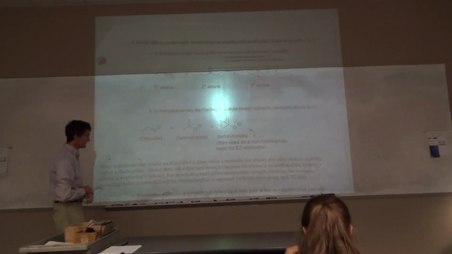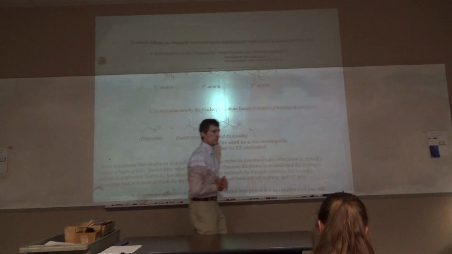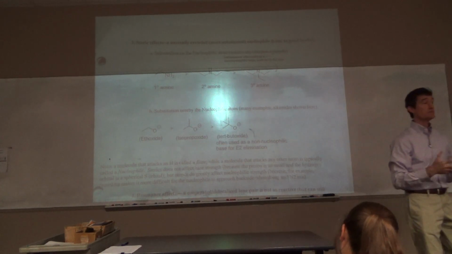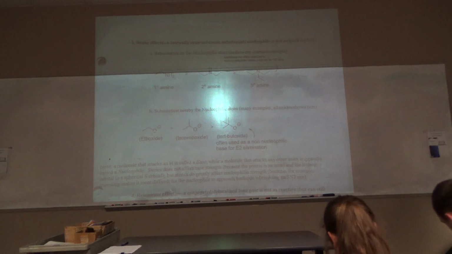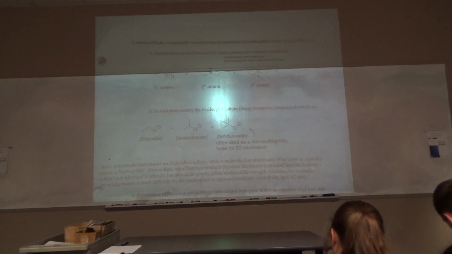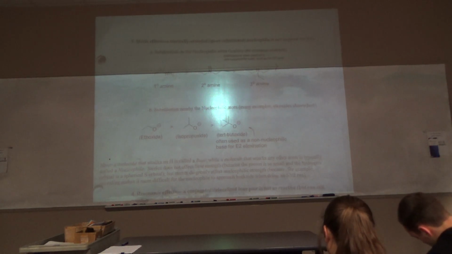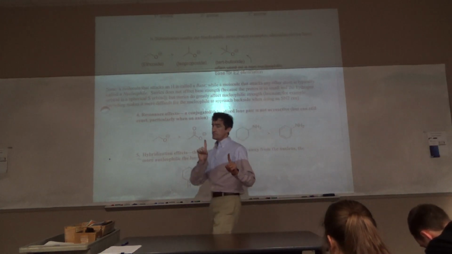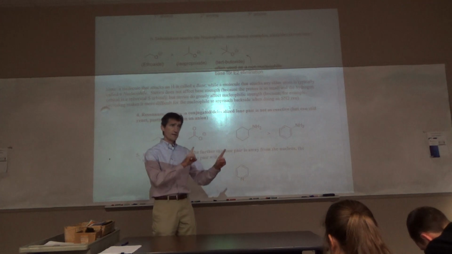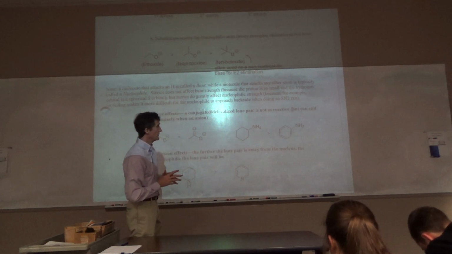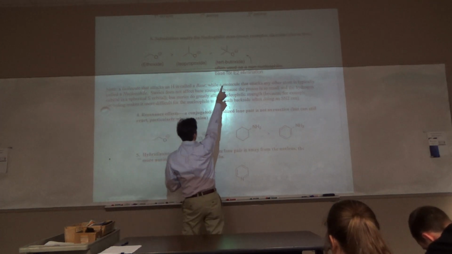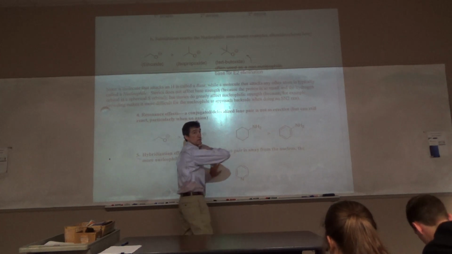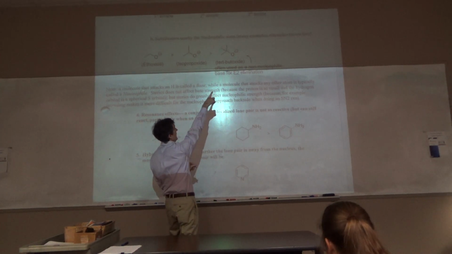Okay. I already mentioned this. If a molecule attacks an H, we call it a base. If it attacks anything else, we call it a nucleophile. Very similar ideas. Usually base and nucleophilic strength go hand in hand, but not always. For example, tert-butoxide is the strongest base up there, of the three.